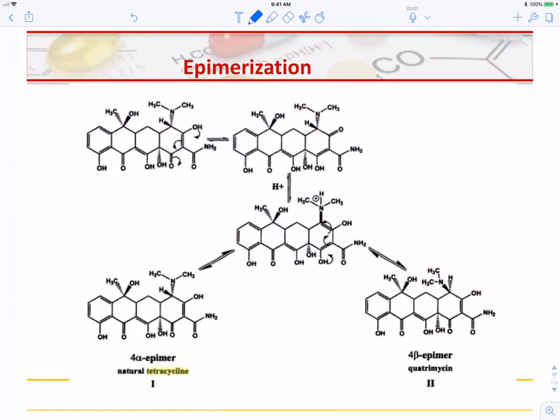Okay, so because of their complexity, tetracycline can form several epimers, and this epimerization reaction happens in the presence of acids or bases. And that interferes with activity because the epimer is a lot less active than the natural ones.